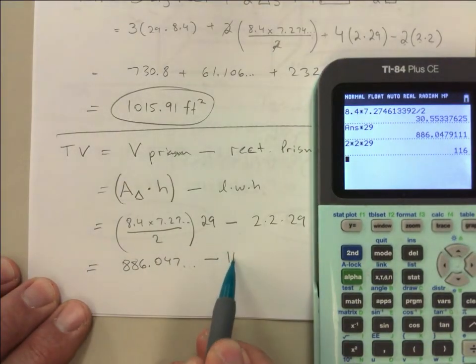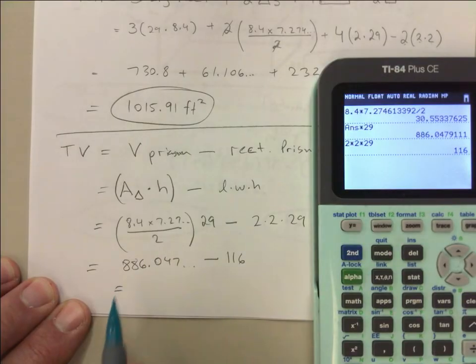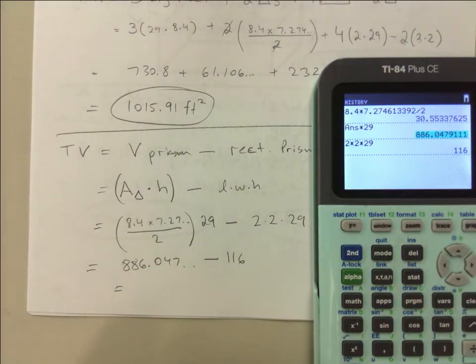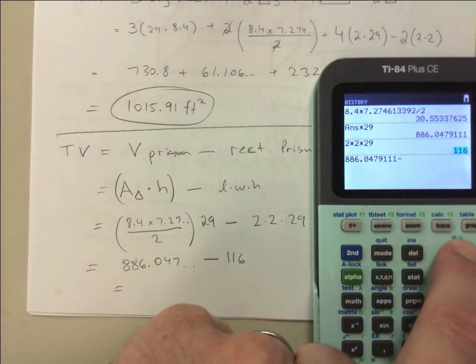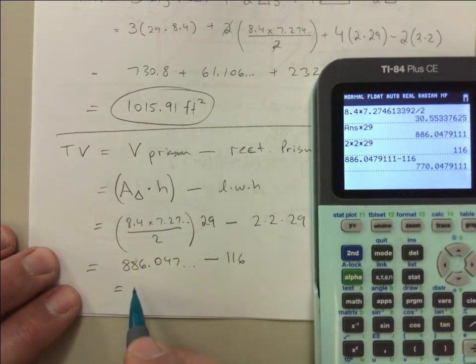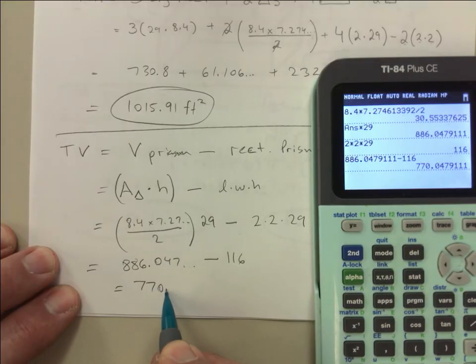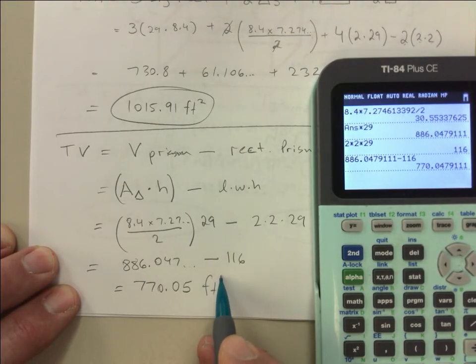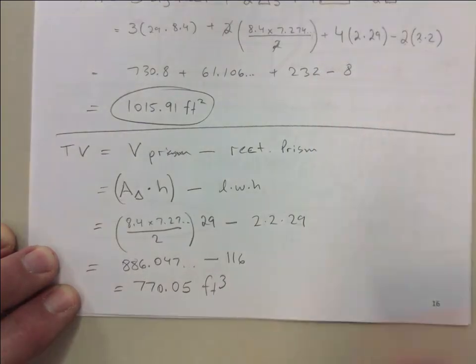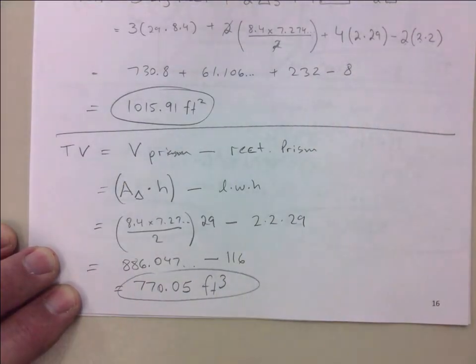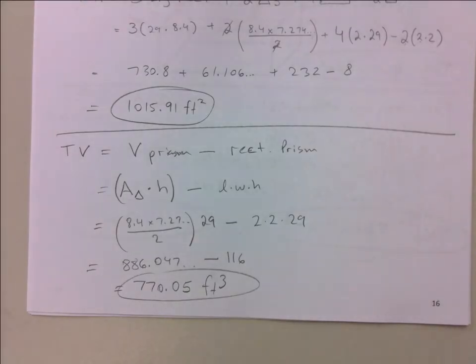That's 116 exactly. So we just copy that number minus copy that number. 770.05. And we are in cubic feet. It's not easy. It's a lot of things that you need to consider.